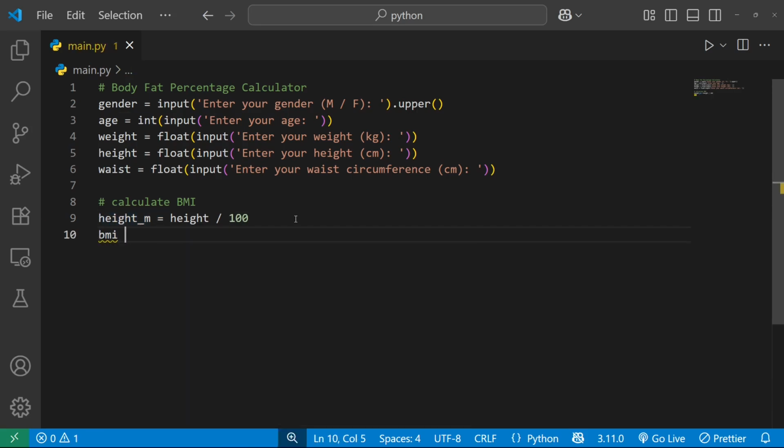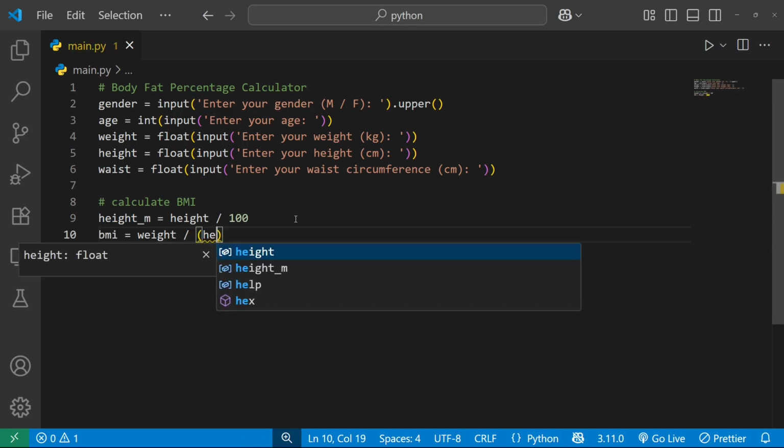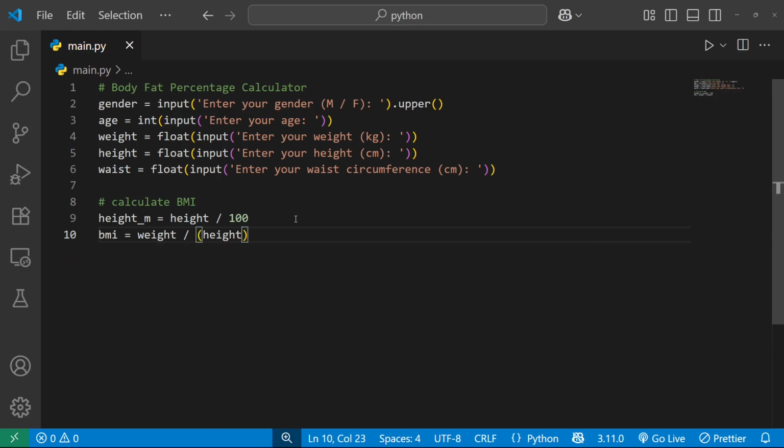Now we calculate the BMI: weight divided by height. The brackets are not necessary here, I guess, because this is the first operation which will be done.